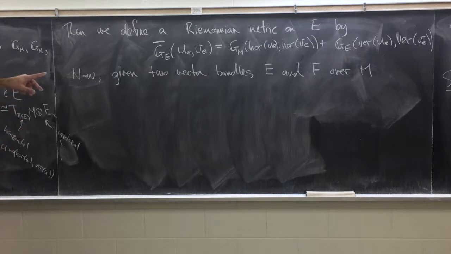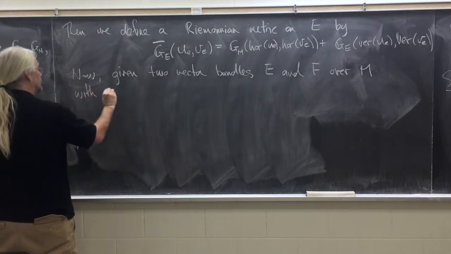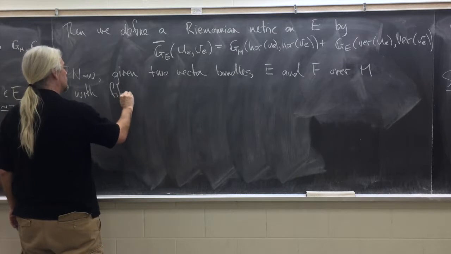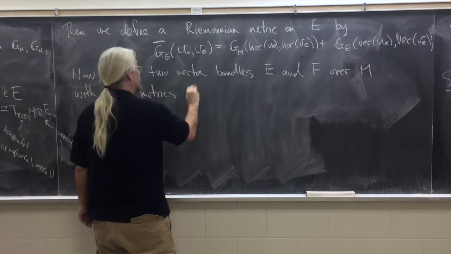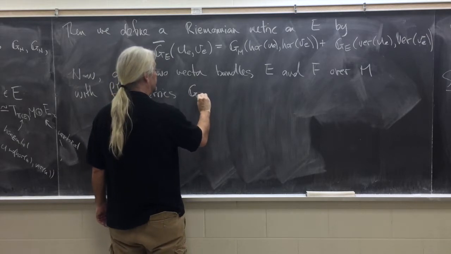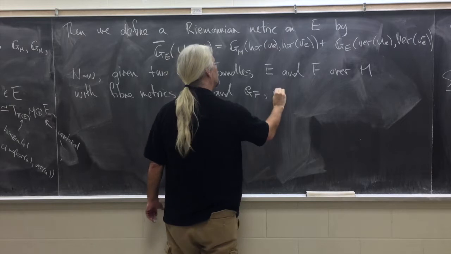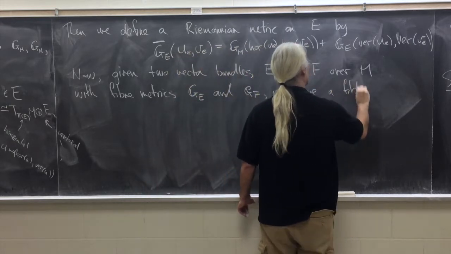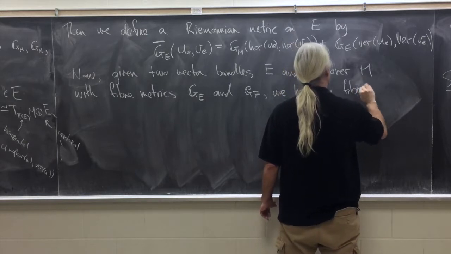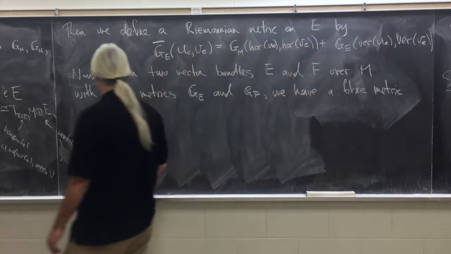So given two vector bundles E and F over M, with fiber metrics g_E, g_F, we have a fiber metric on the tensor product.